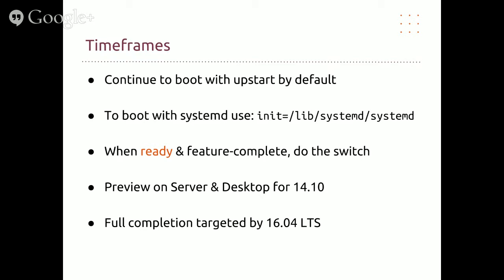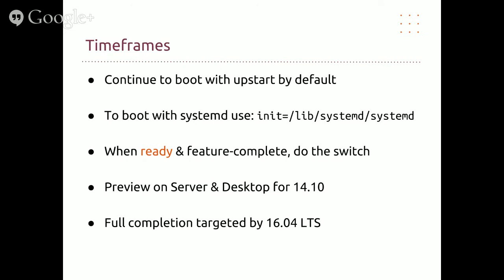To get there, we will only be switching to systemd once it's feature complete and ready, because at the moment Upstart is very well integrated across our product board, so we have to make sure that all features work across all the different use cases before we switch. So we will continue to boot with Upstart by default for the foreseeable future.